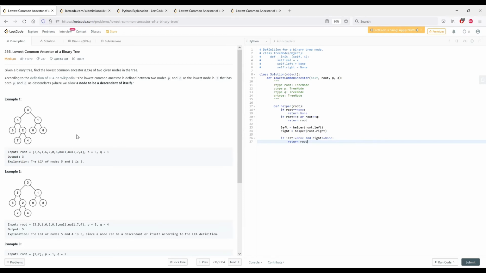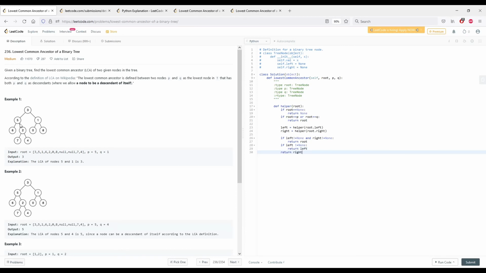Okay, what if this isn't the case? If left is not none, return left. This basically means that on the left subtree we have our values, so we should return left here. We found one of our values. Else return right.